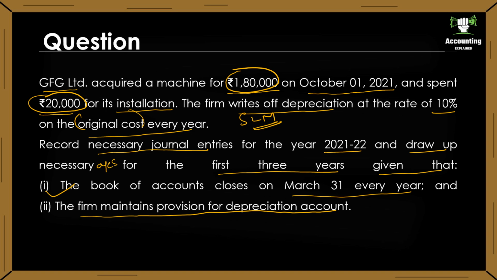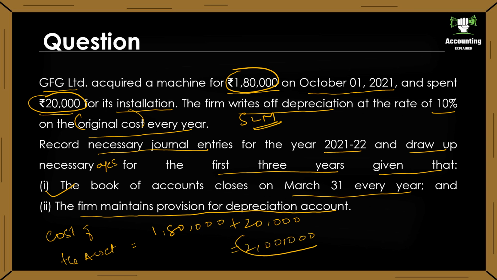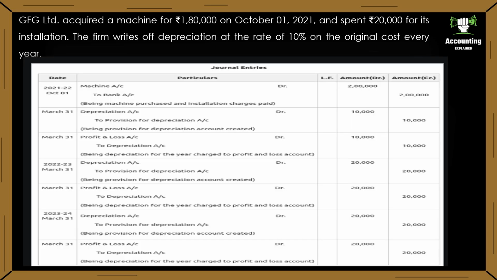Now when you want to know the cost of the asset to be taken to your books, it should be cost of purchase plus installation, that is 1,80,000 plus 20,000. 2 lakhs should be taken as the book value of the fixed asset that is purchased. This is the question and this is the solution.